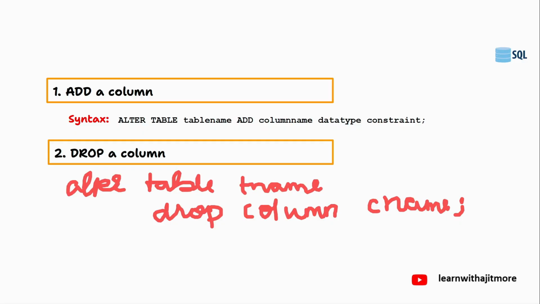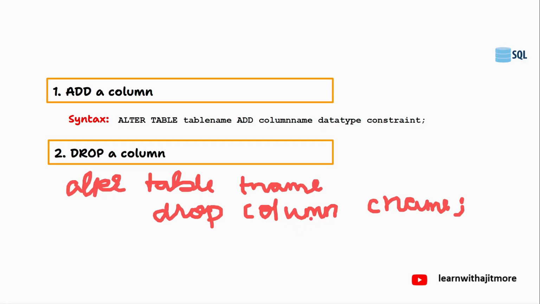Correct. Now, the latest version of MySQL gives you the option that you don't mention this keyword column. It's going to drop a column only. Means alter table name, drop, and directly if you write, it works. But in the previous version of MySQL, I remember in version 5, the keyword column was compulsory.